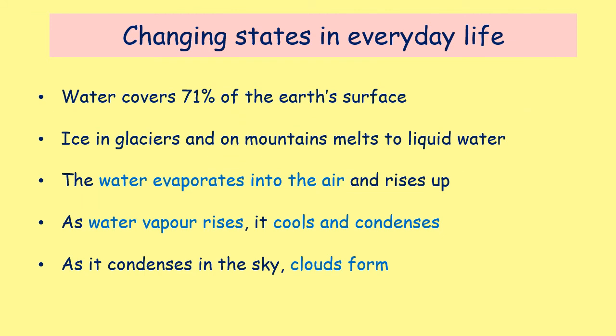So just to summarise that, water covers about 71% of the Earth's surface. Ice in glaciers, the ice caps and mountains, can melt to form liquid water, and liquid water is able to evaporate into the air. As water vapour rises, it cools and condenses to form clouds.